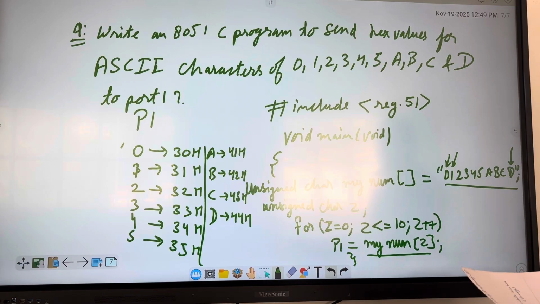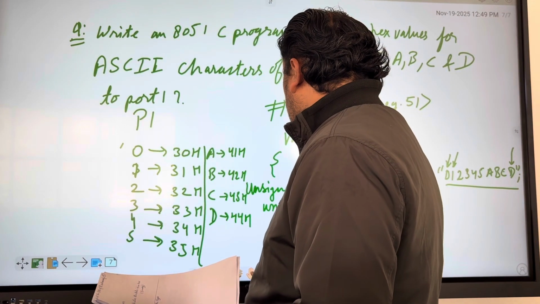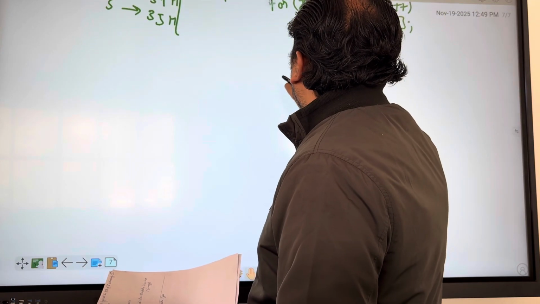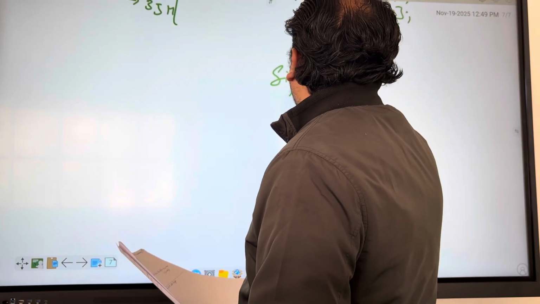Then you have some other data types as well, which I will write here, and then we'll see the programming for those data types in the next class, not in this class.